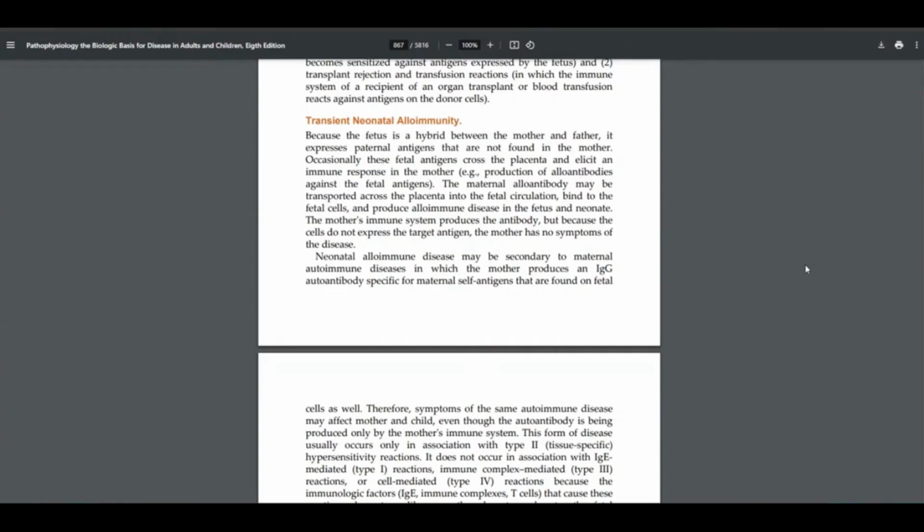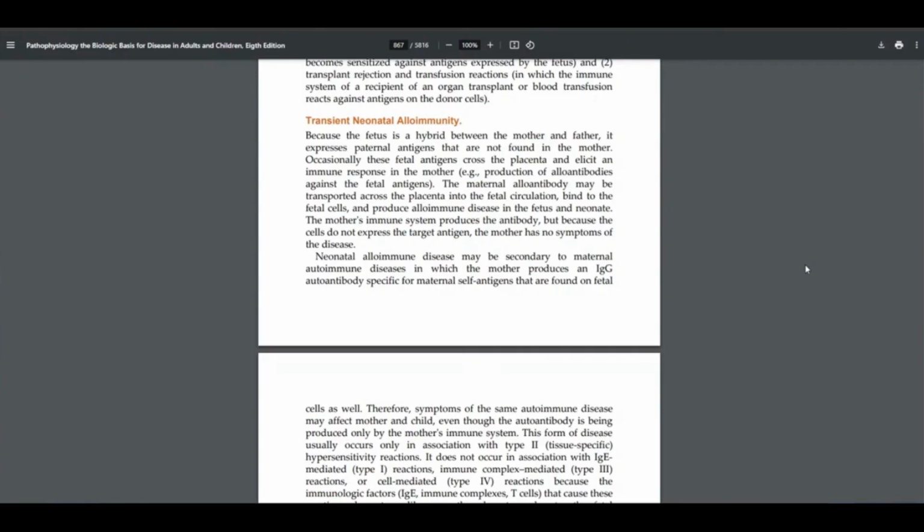Transient neonatal alloimmunity. Because the fetus is a hybrid between the mother and father, it expresses paternal antigens that are not found in the mother. Occasionally, these fetal antigens cross the placenta and elicit an immune response in the mother.